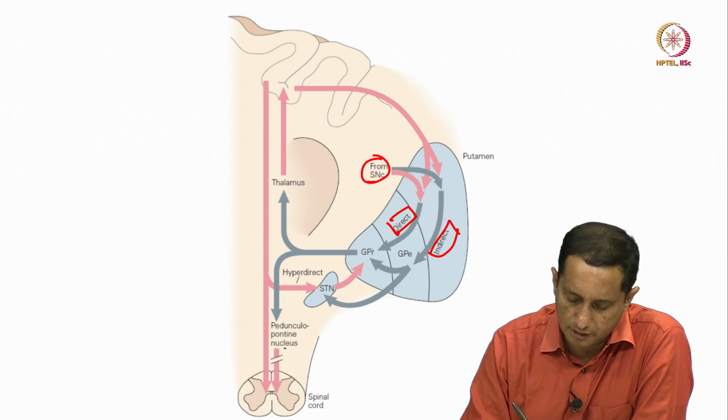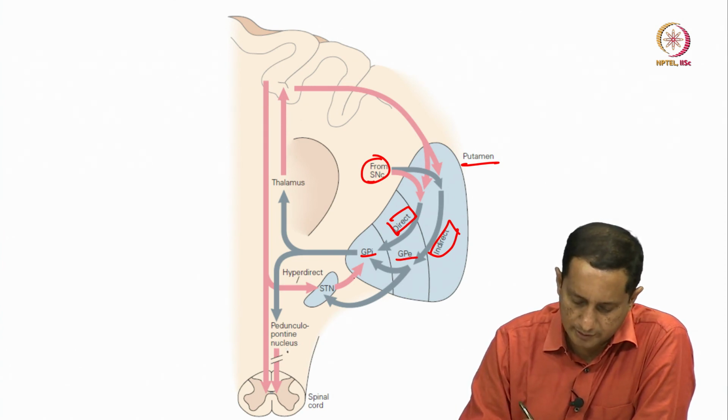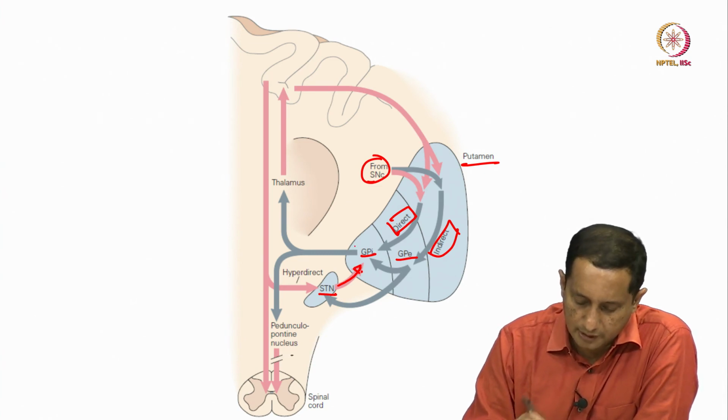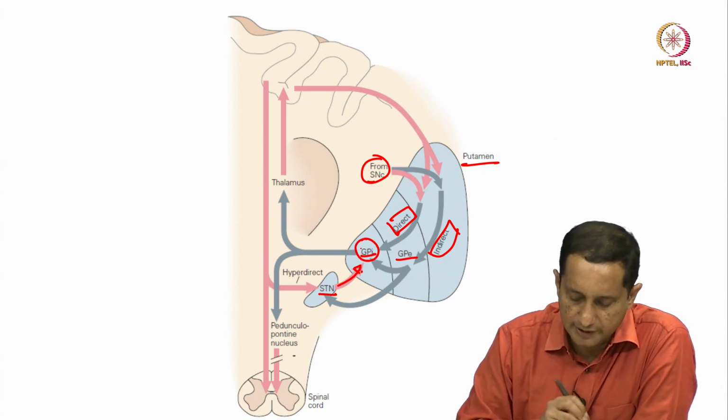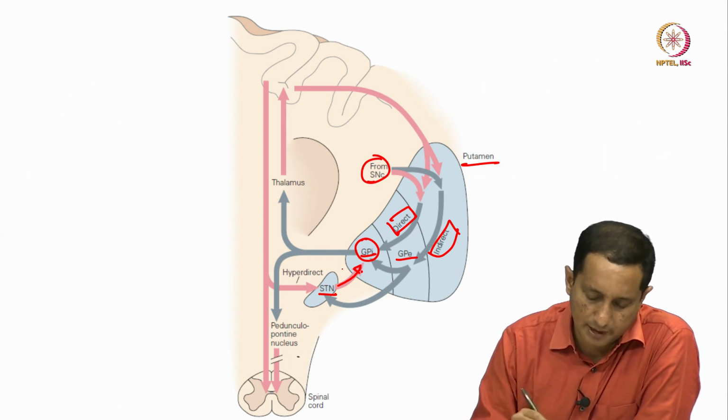So, substantia nigra goes all the way to GPi. Then there is another pathway which goes from the putamen to the globus pallidus externa and goes to the subthalamic nucleus. Subthalamic nucleus in turn goes back into the globus pallidus interna. So, the output nucleus is the globus pallidus interna.